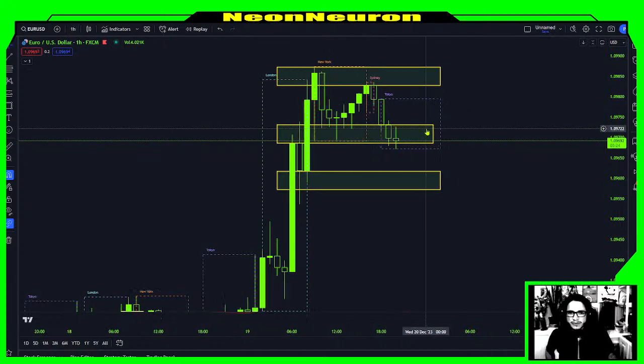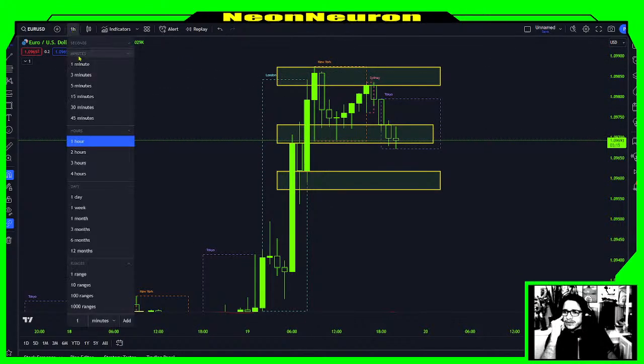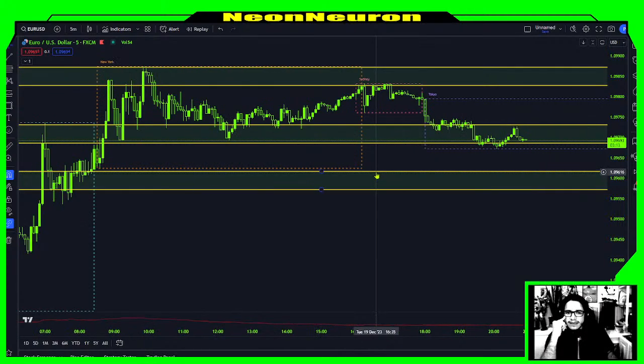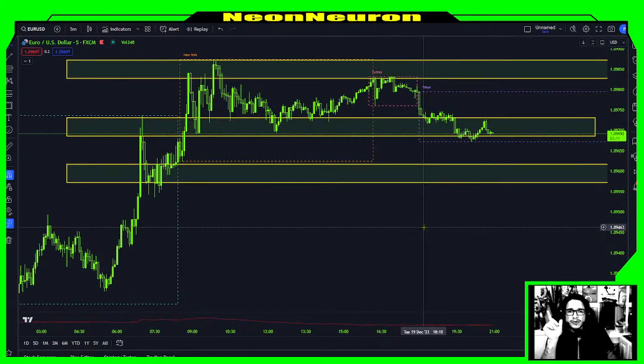So this one, we did our analysis on the 1 hour time frame, and we've established all these levels of interest, and then we'll go into the lower time frame and look at where we want to get in. Where would be a good place to buy?